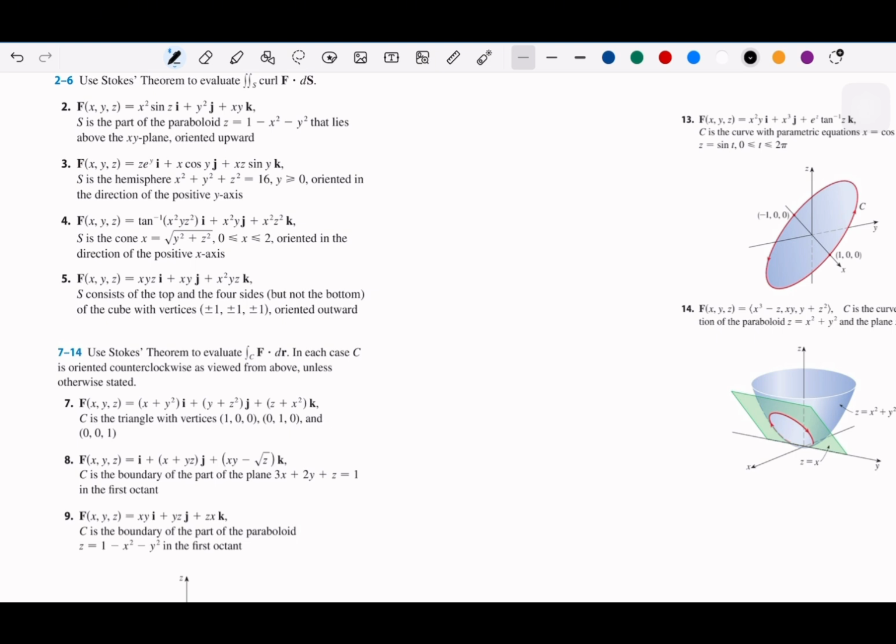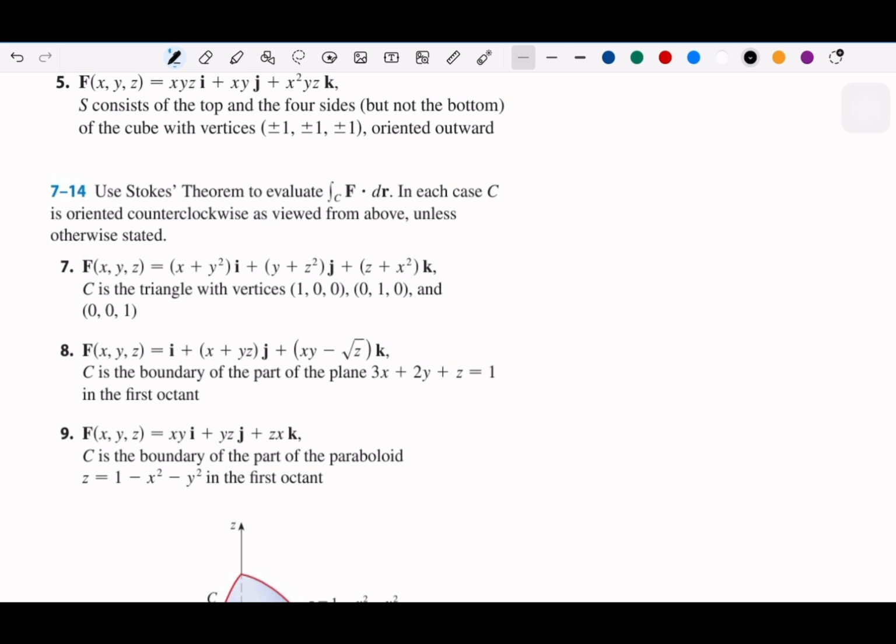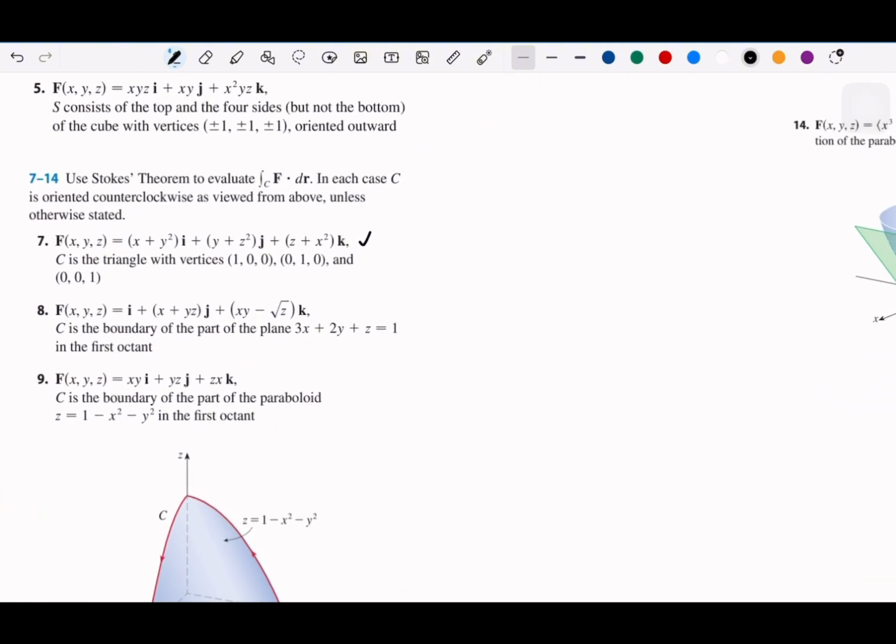So I think we can start, maybe let's start from this one first, okay? Because I think we should start with the evaluation of the integral of F dot dr. Okay, we can start taking this into our questions. So we have F, the vector field, and then we have the C.